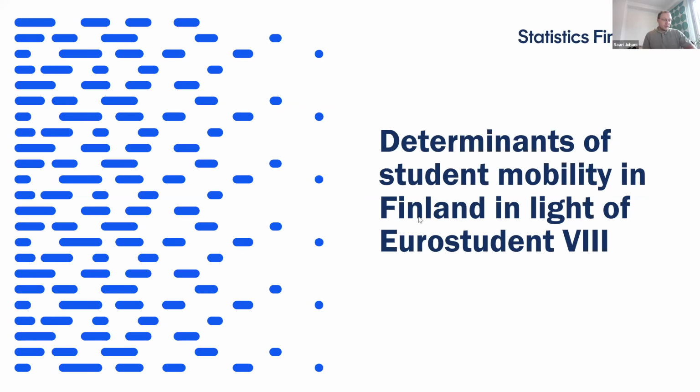As you can see, some students have already managed to go abroad during their first years of study, but that's more of an exception than a rule. What's happening here in the presentation is that we are moving forward in time year by year, and we see a new cohort of students enrolling in their degree programs, and then we observe the number of outgoing students per year of enrollment progressing as time goes on.